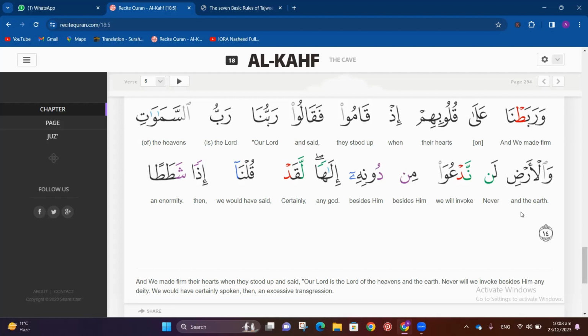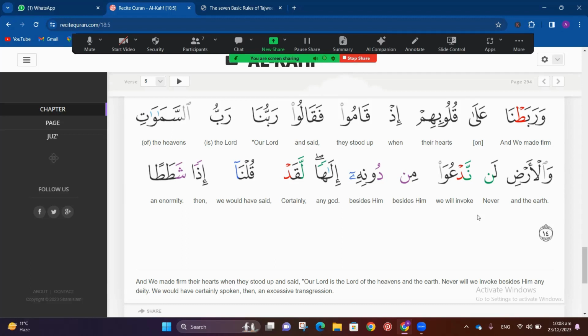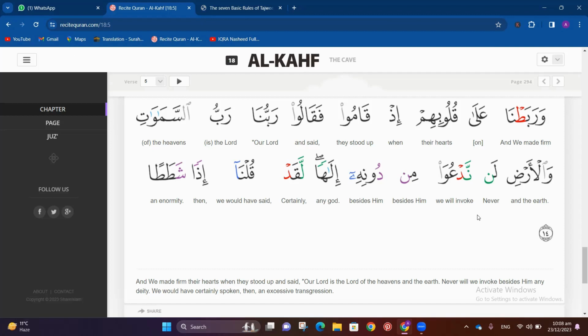Then there is لن ندعو. In لن ندعو, there is a rule applied here of noon sakin or tanween, which says that whenever any letter from these four letters, ya, waw, mim, and noon, comes after noon sakin or tanween, then we are going to do idgham, which is joining these two letters and then doing ghunna, which means we are going to stay for a bit.